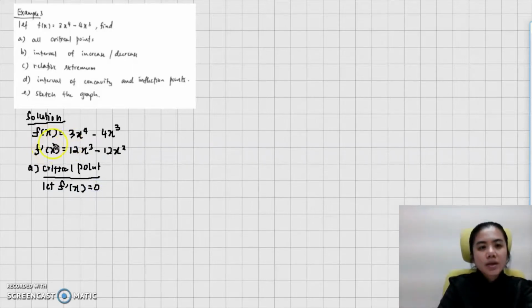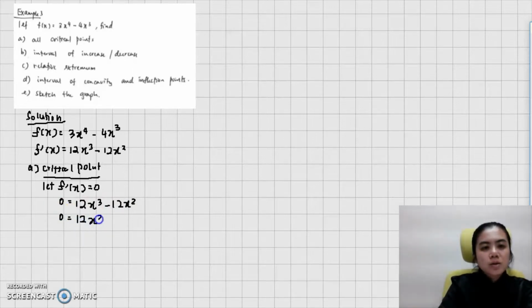So we have 0 equal to 12x cubed minus 12x squared, and do the factorization. We will have 12x squared, and in here remaining x, and this one remaining minus 1, and as a result we will have x as 0 and x as 1.